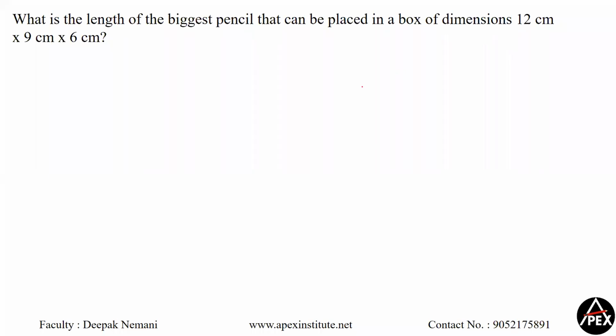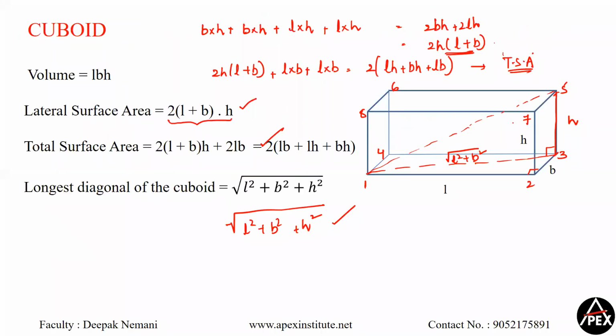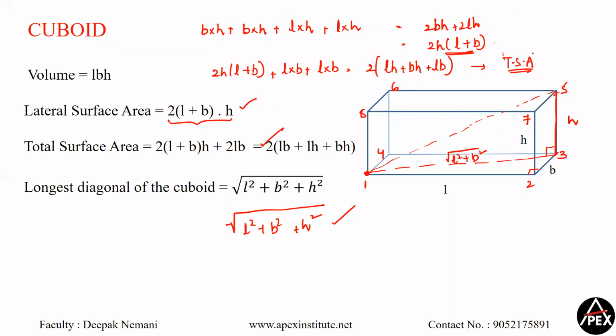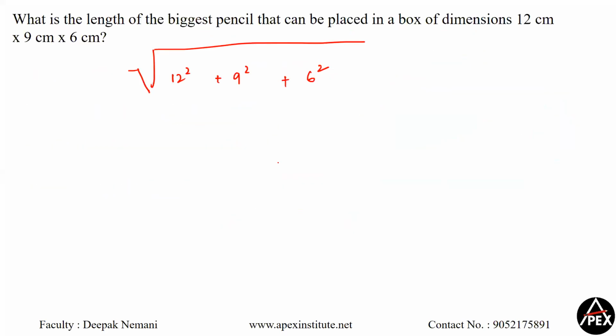So what is the length of the biggest pencil that can be placed in a box of dimensions 12 centimeters, 9 centimeters, and 6 centimeters? 261, sir. So that will be under root 12 square plus 9 square plus 6 square. That will be the longest pencil, joining these two vertices. So this should be 144, 81, and 36.